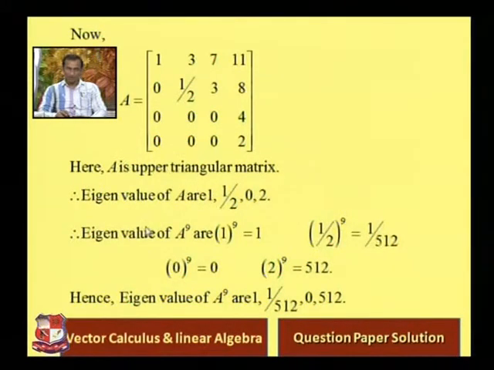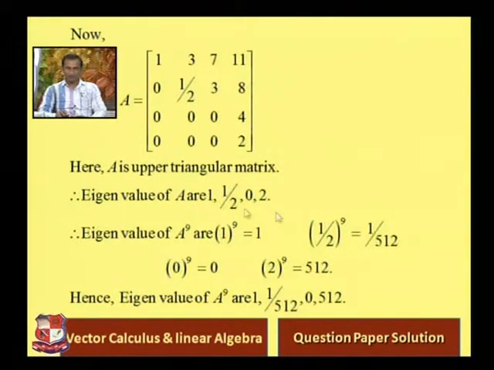Now we need the answer for A raised to 9, that means the eigenvalues of A raised to 9. One property is, if the eigenvalues of A are these, then the eigenvalues of A raised to 9 are all eigenvalues raised to the power 9.